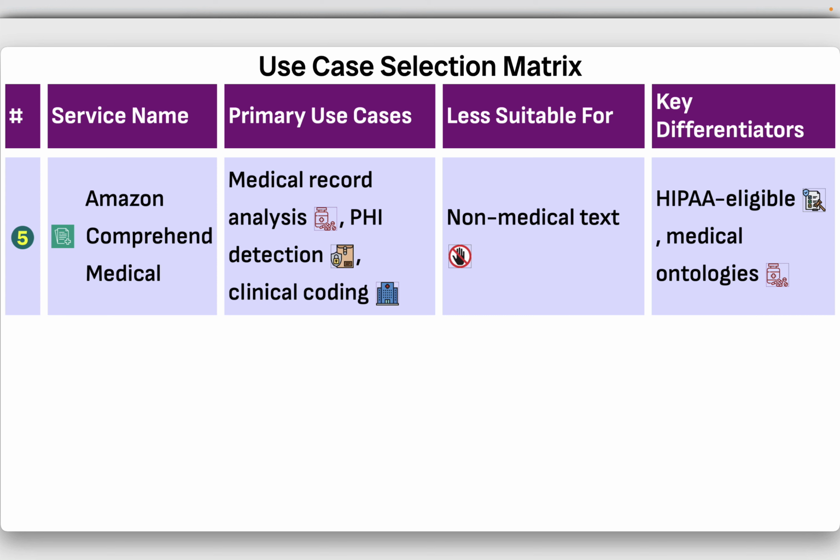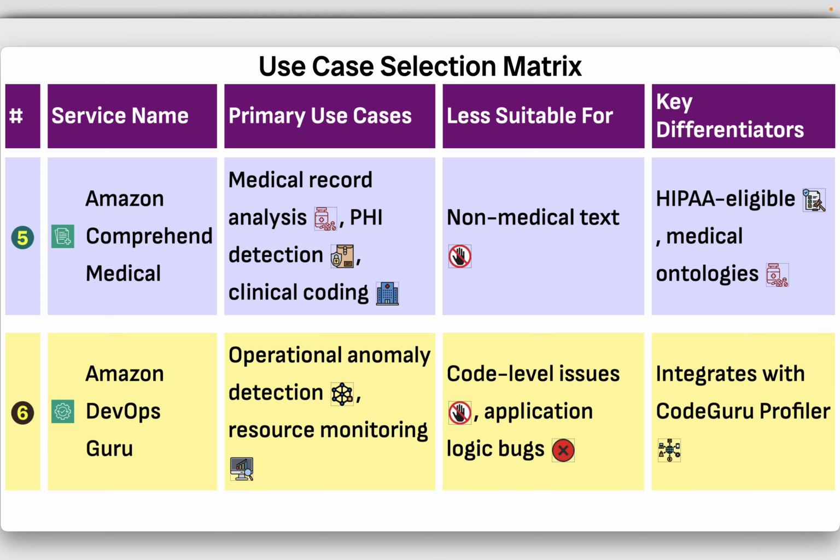Primary use cases are medical record analysis, PHI detection, which is protected health information, and clinical coding, but it is less suitable for non-medical text. Key differentiators are it is HIPAA eligible. HIPAA is the Health Insurance Portability and Accountability Act, and it is also used in medical ontologies.